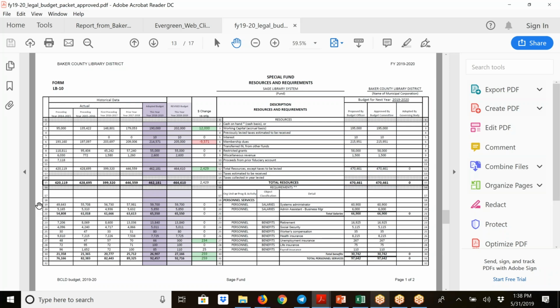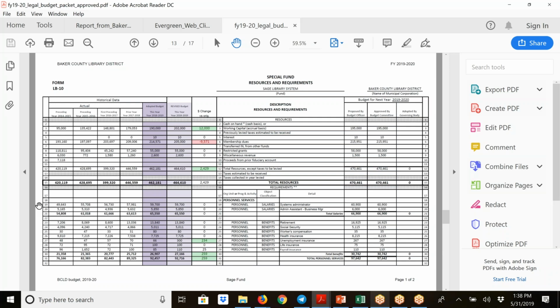That balances out to a total resource change of $2,400. And then there are some slight changes in the benefits for personnel, mostly because the unemployment insurance rate went up quite a bit. That's not a huge dollar amount, only $234.